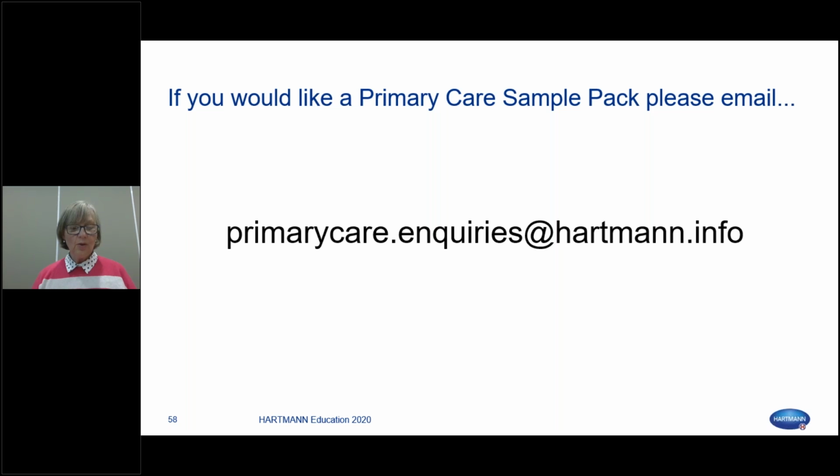What moisturiser would you suggest? Well, really, anything that is a pH neutral moisturizer that's not going to cause the skin to dry out any further, as they're already extremely dry, the skin.